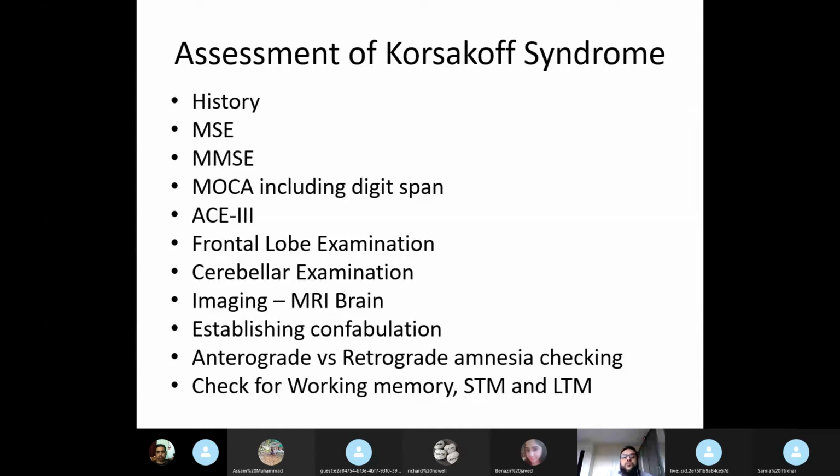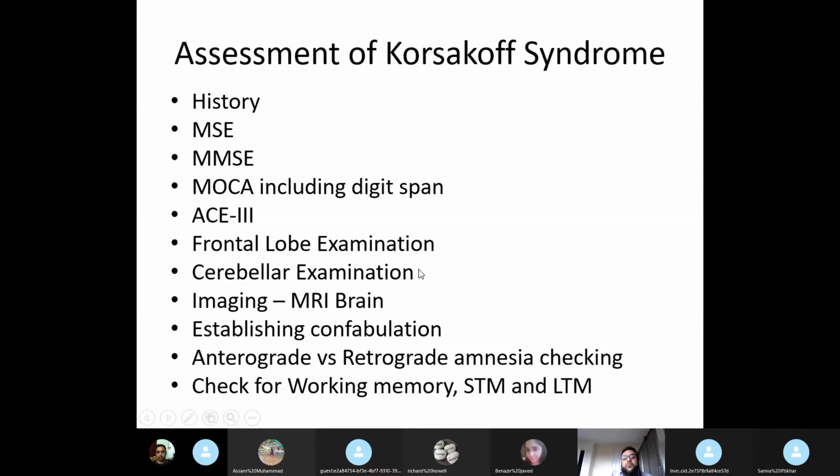So you have to have the copyright to use the MMSE, or either using the MMSE or using the ACE-2. So with ACE-3, you can do frontal lobe examination, frontal assessment battery, and cerebellar examination.